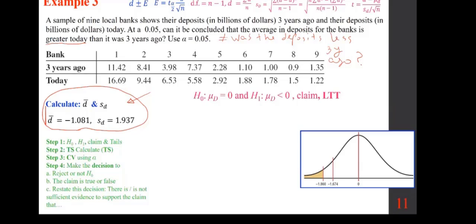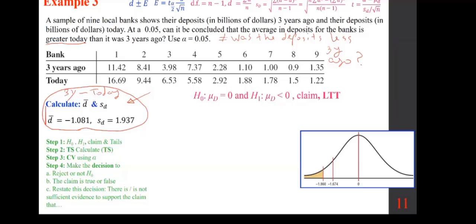What we have here is 3 years ago minus today. That's how we've done this calculation. Can anybody tell me those numbers, d bar and s sub d, if we want to calculate for today minus 3 years ago, what we would get?